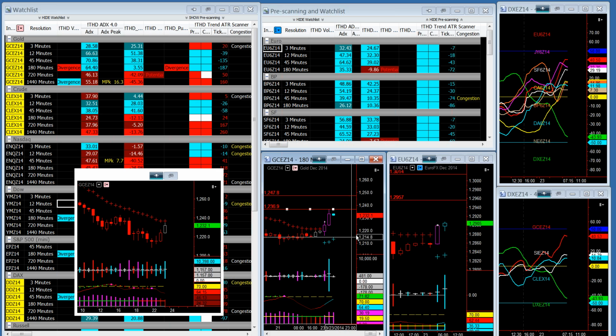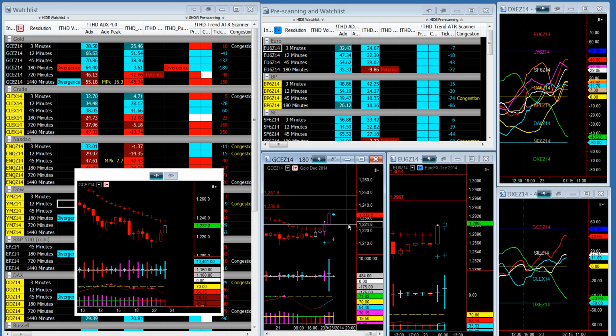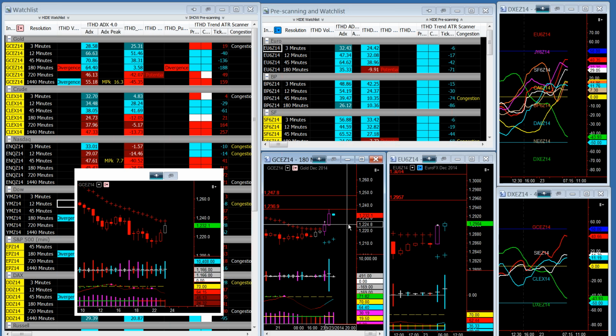There. Okay? Now, it doesn't matter if I put that line on my 180-minute chart or my 45 or my 3 or my 12. The significance of that line is to forewarn me that there is resistance in that area because it is above price. That's the only significance.